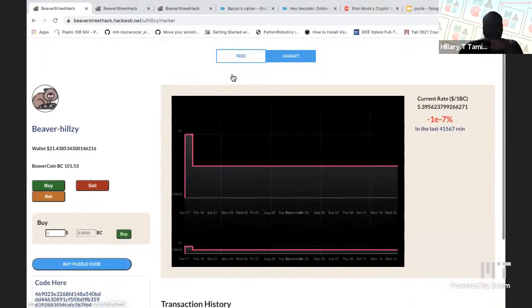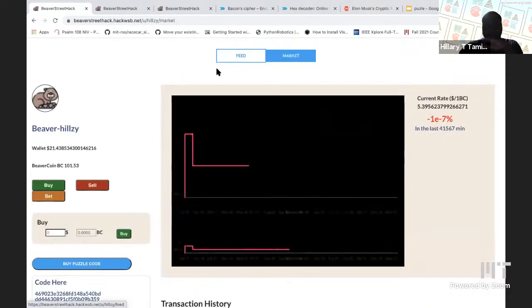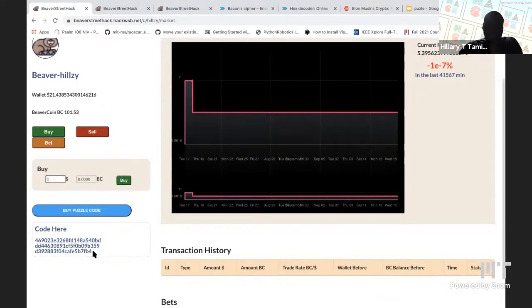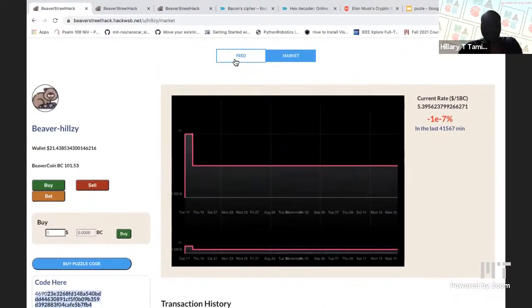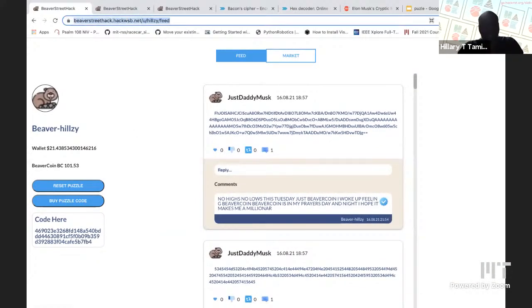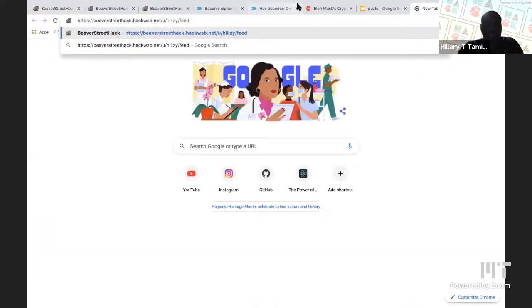And the goal of the puzzle was that you have to figure out how the feed relates to the market, and in the end, you have to use the amount in your wallet to buy the puzzle code, and that puzzle code will give you the solution, the secret key that you need to go into the next puzzle.